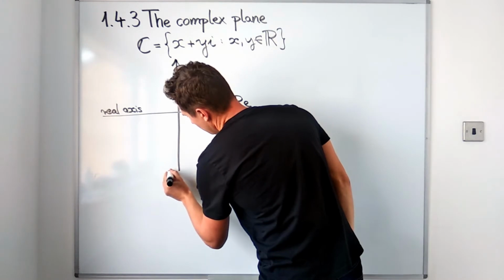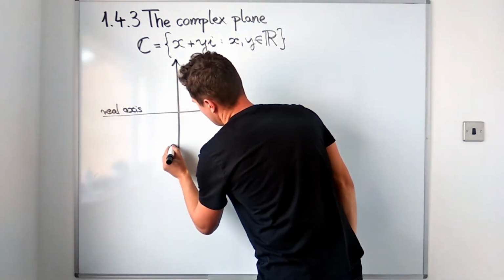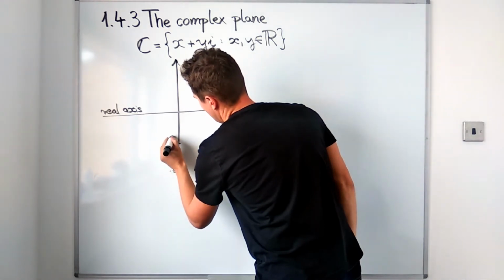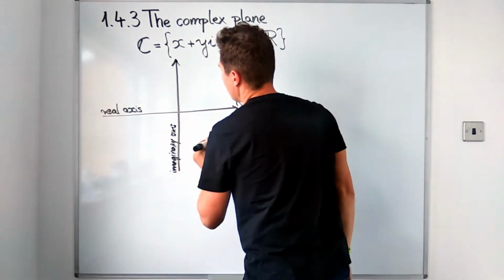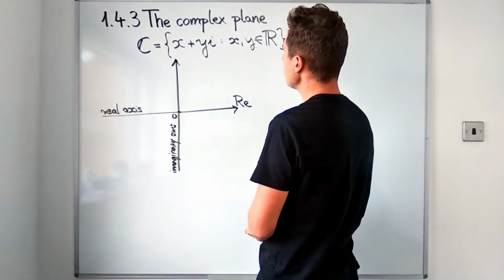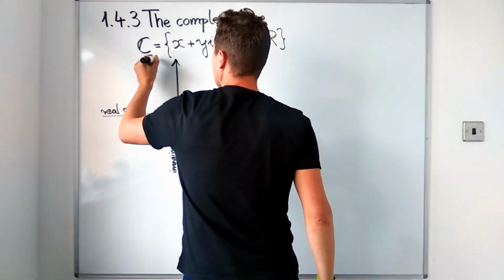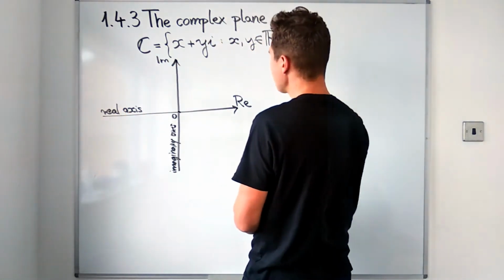So this is going to be called the imaginary axis. So 0 is right there at the origin, and the label for the imaginary axis is IM.